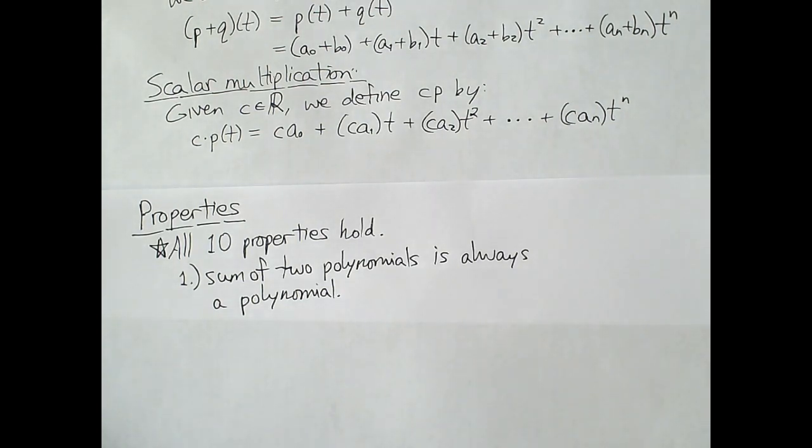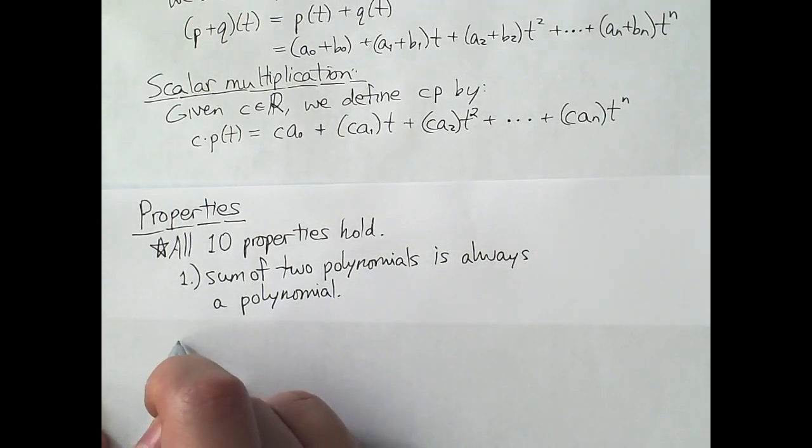Like, you're never going to add two polynomials and suddenly you have a trig function, or suddenly you have a matrix, right? They're not going to suddenly turn into some other kind of object. When you add two polynomials, the sum is still a polynomial, so it is still in this set. Oh, I guess I should say that when you add two polynomials of degree at most n, the result is also going to have degree at most n. Right? You add something of degree 2 and something of degree 2, the degree is still 2. The degree does not increase when you add two polynomials.